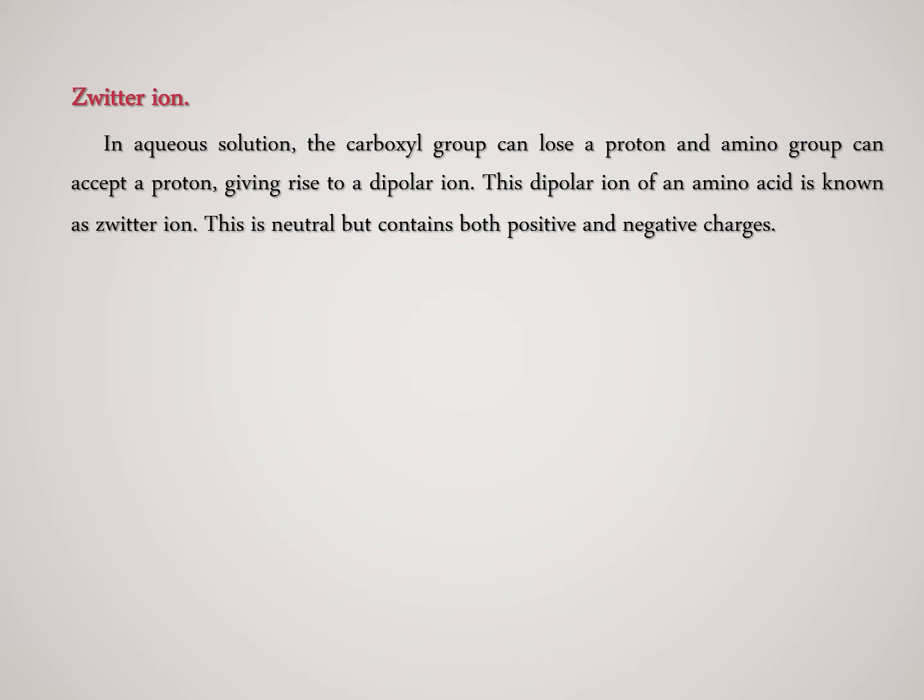Hence, in the aqueous solution the carboxylic acid has the ability to lose a proton, because acids are proton donors, and the amino group can readily accept a proton, because bases are proton acceptors. Due to this we obtain a dipolar ion. This dipolar ion is called a Zwitter ion.